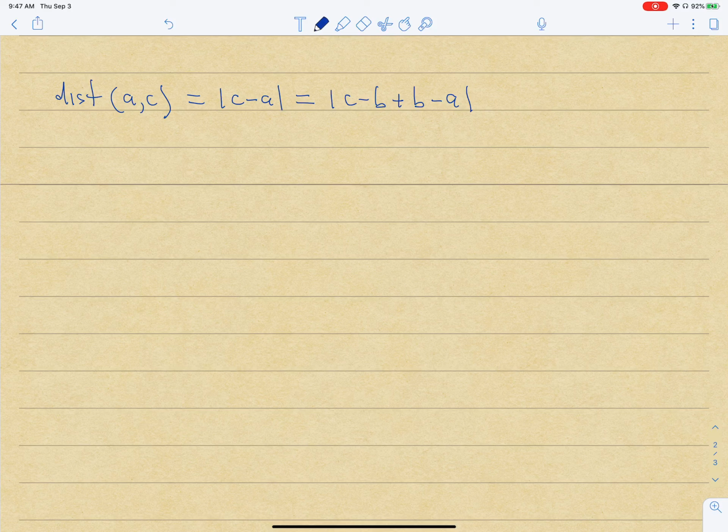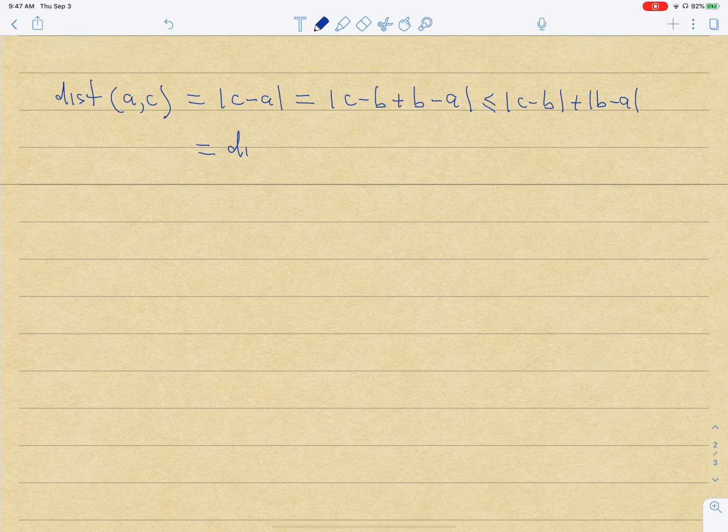But then my inequality that absolute value of A plus B is less or equal than absolute value of A plus absolute value of B implies that this must be less or equal than absolute value of C minus B plus absolute value of B minus A. And who is absolute value of C minus B?